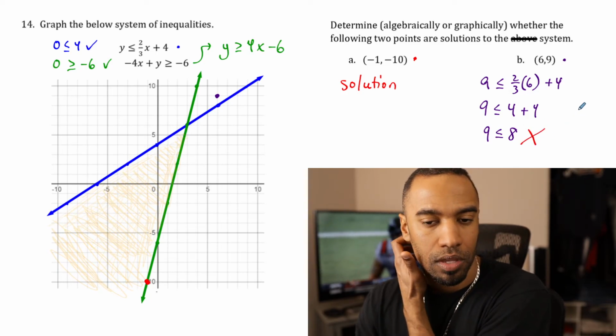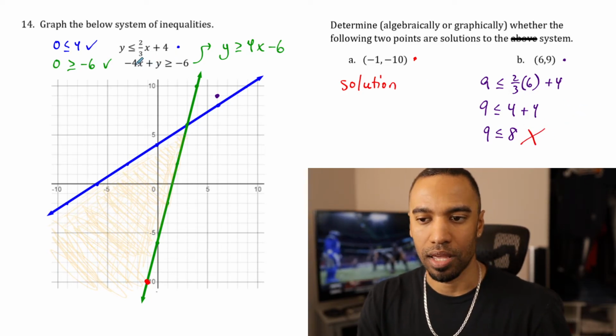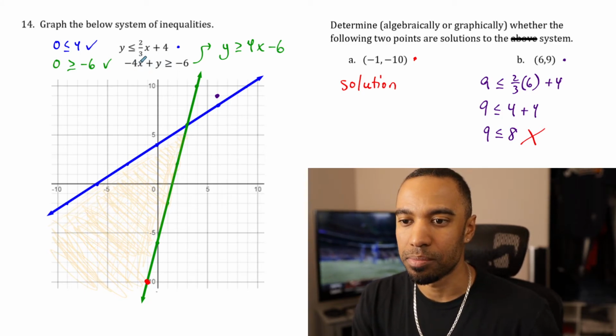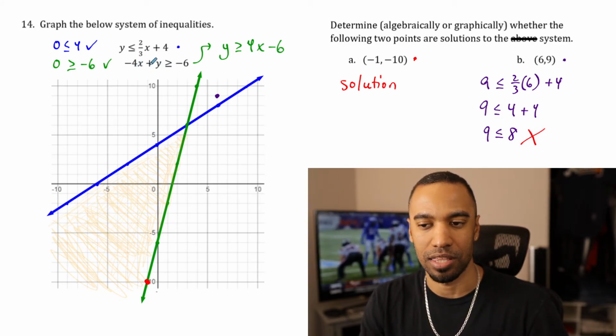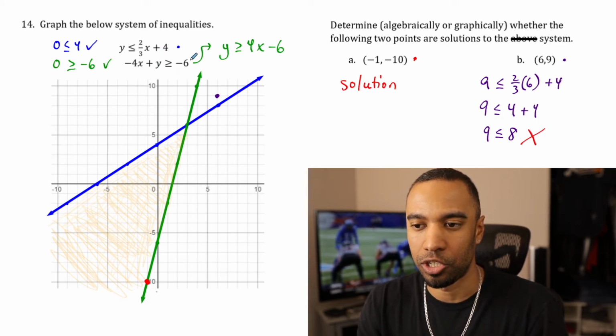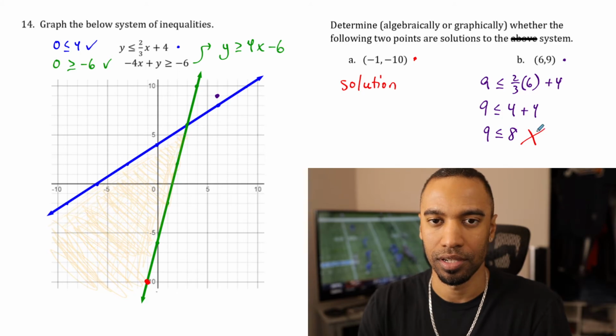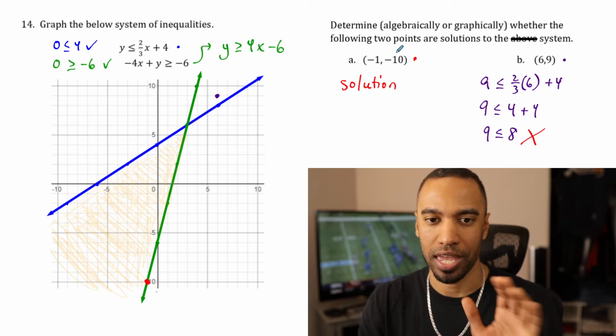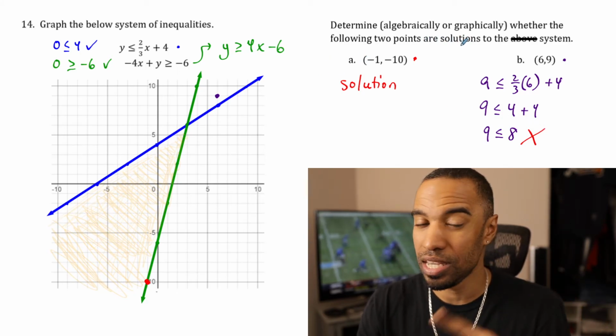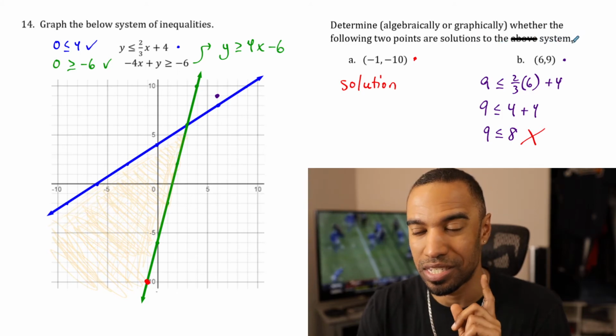Now, I'll tell you what. You could try and substitute, and this would actually be the preferred one. You could try and substitute 6 for x and 9 for y into this one, and then see if you get a true statement out on this one. However, once one of them is false, then the whole thing is false. It's not solutions to each equation. It says solutions to the system.